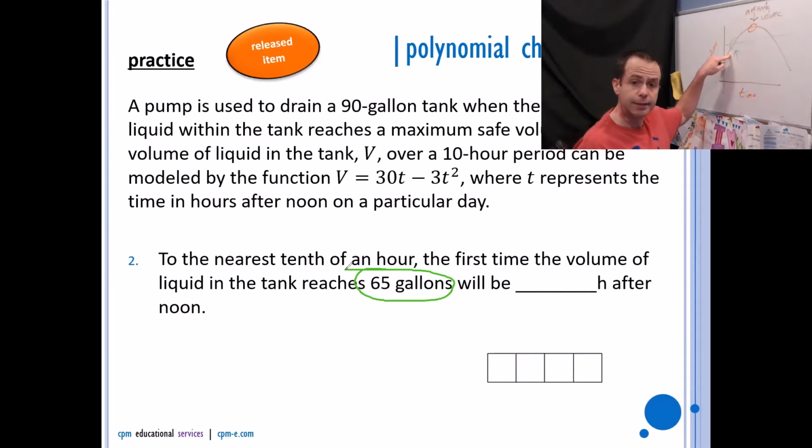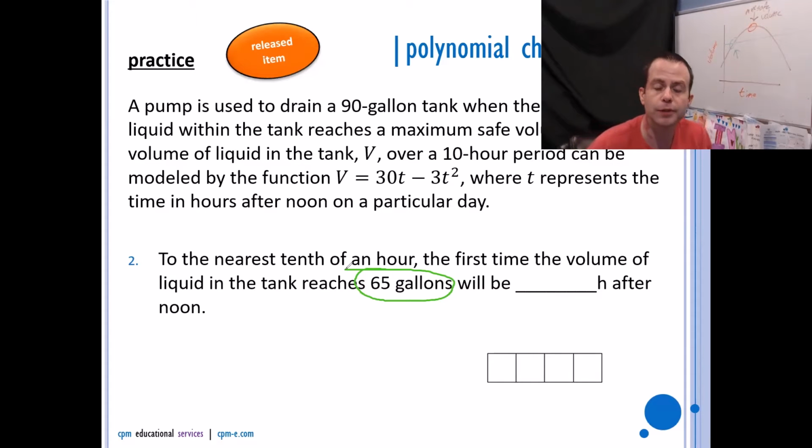Okay, if you're a Casio kid, again, you will graph the original guy, the V equals 30t minus 3t squared. But then you can just go Gsolve and then Xcalc and type in your Y value of 65. Okay.